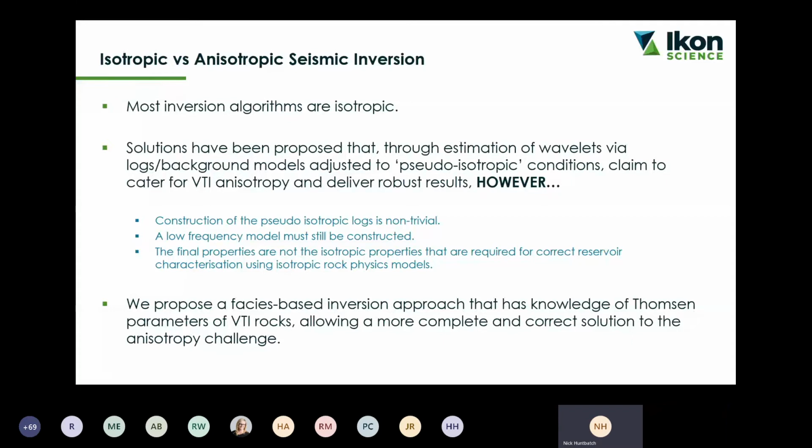Another way that's quite interesting, we'll have a more close look at in a second. It's quite an interesting concept: we can't necessarily handle anisotropy in the reflectivity equation in the inversion, but if we come up with these pseudo isotropic elastic properties, basically by adjusting the elastic properties to account for the anisotropy, we can have an isotropic equation that inverts for these pseudo isotropic properties.